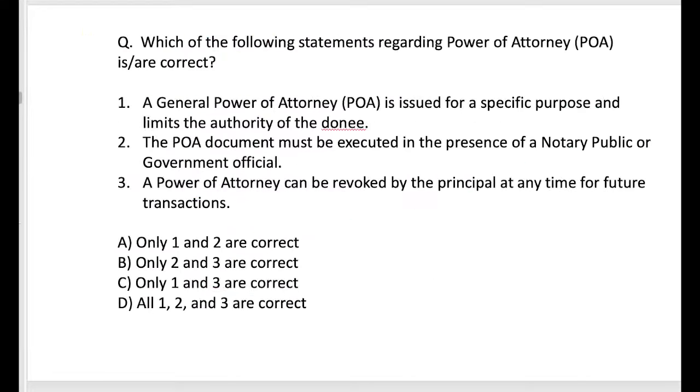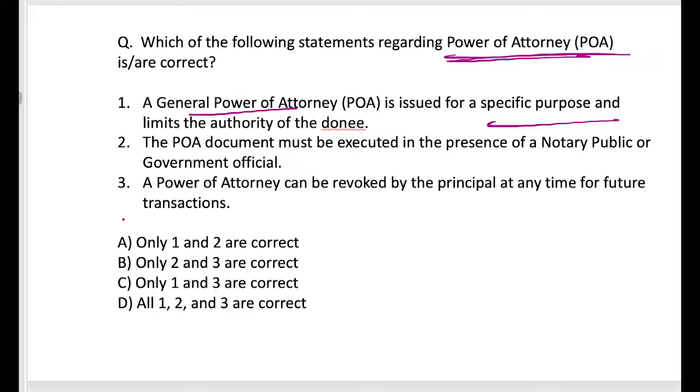Yes. Next one. The another one is power of attorney. So power of attorney is majorly used by the institutions and mandate. We have two types of power of attorney, general and specific.